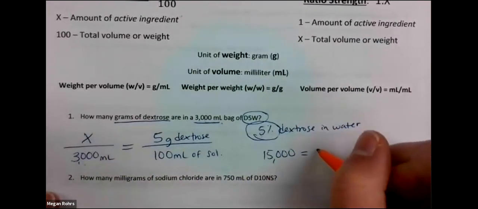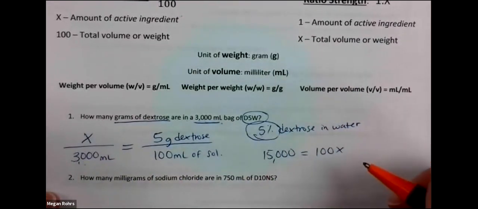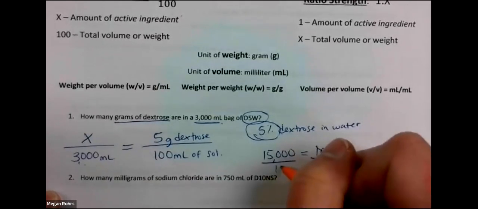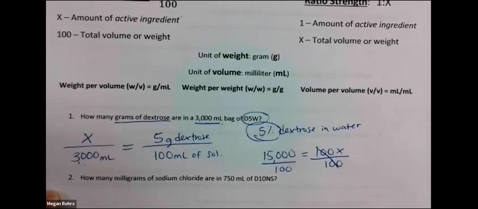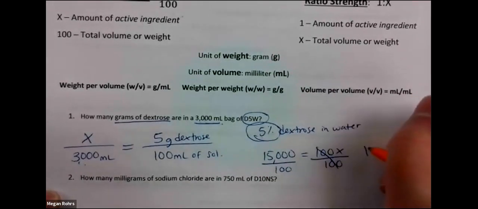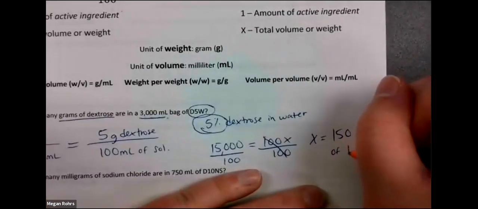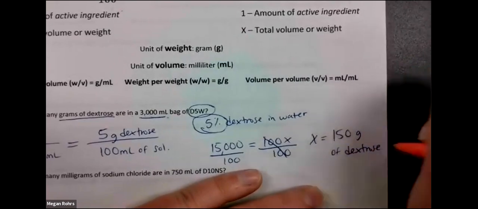Set that equal to 100x. Now we divide by 100, divide by 100. That's going to leave us with 150. And remember, we have grams of dextrose.